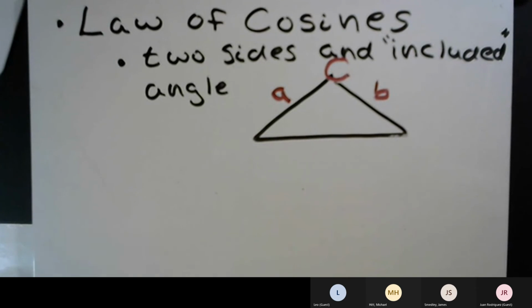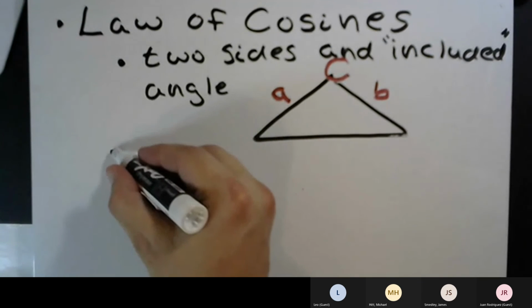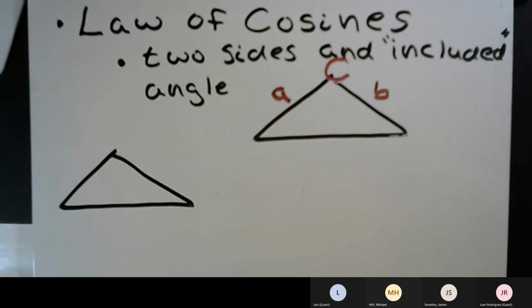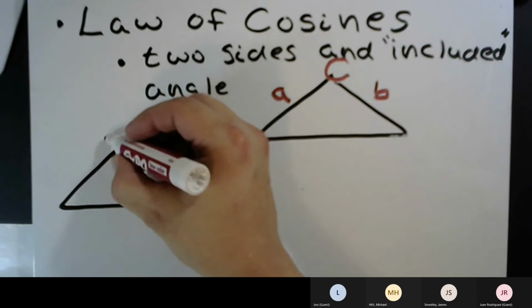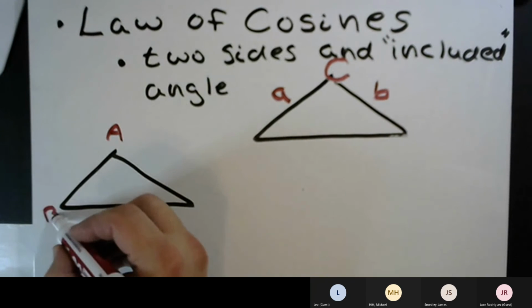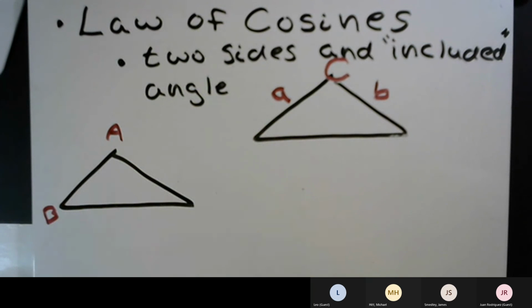And let me double check something. That sounds like something from the law of sines. Just want to double check that. So I just want to make sure I didn't accidentally put the wrong thing. For law of sines, you would deal with triangles where you had 2 angles, like A and B. And then you could have a side over here, over here, over here.